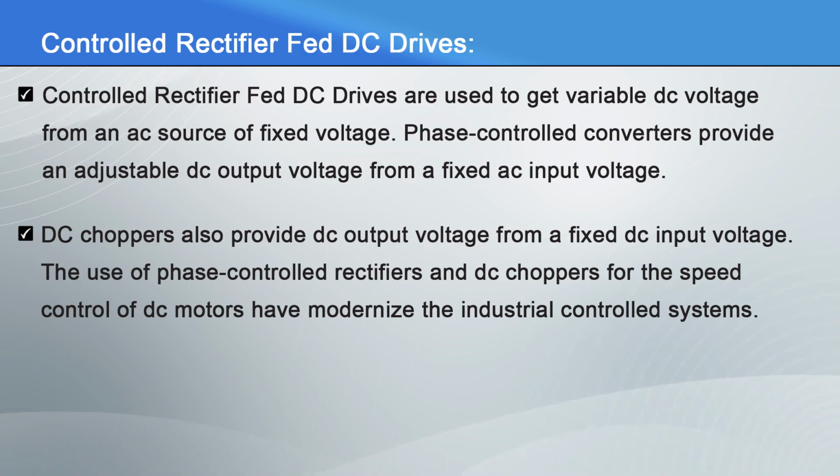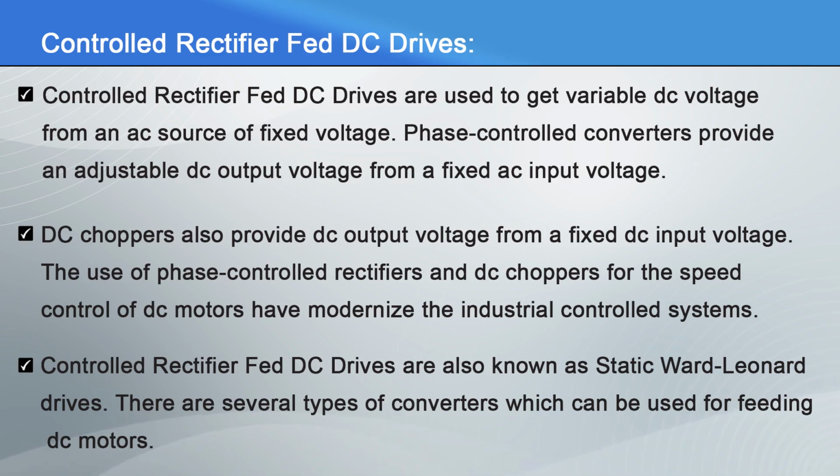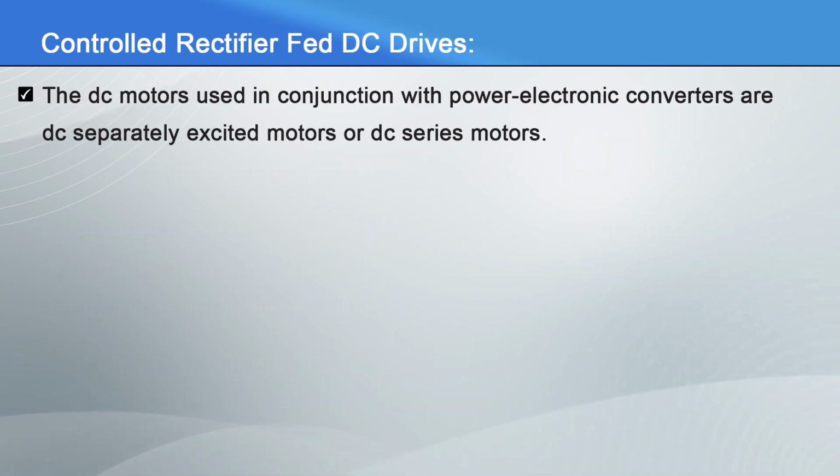The use of phase controlled rectifiers and DC choppers for the speed control of DC motors has modernized industrial control systems. The controlled rectifier fed DC drives are also known as static Ward Leonard drives. There are several types of converters which can be used for feeding a DC motor. The DC motors used in conjunction with power electronics converters are DC separately excited motors or DC series motors.